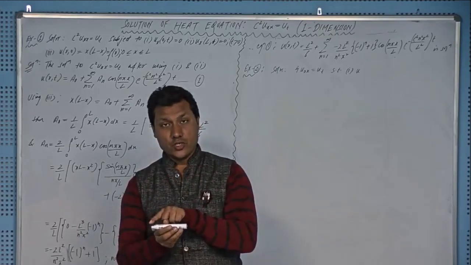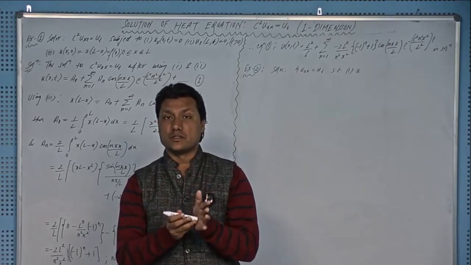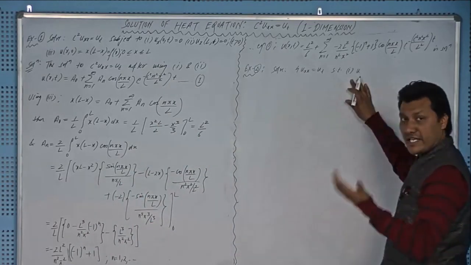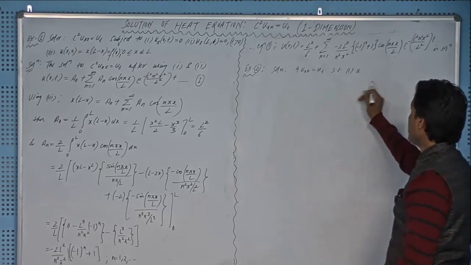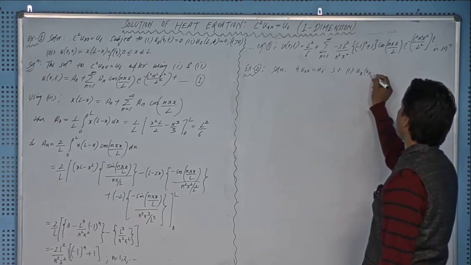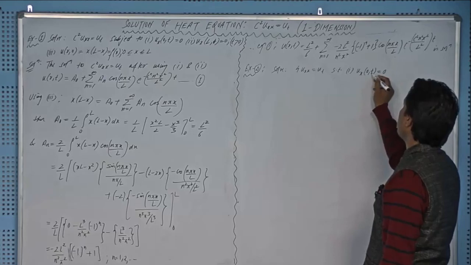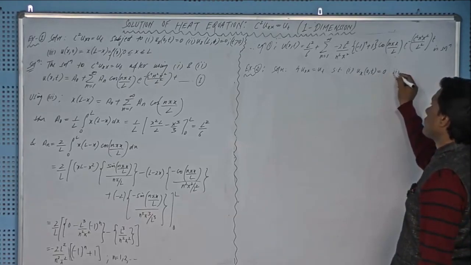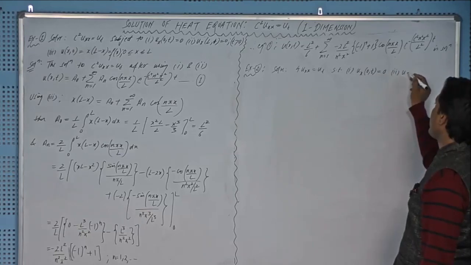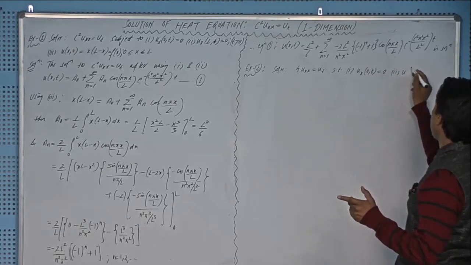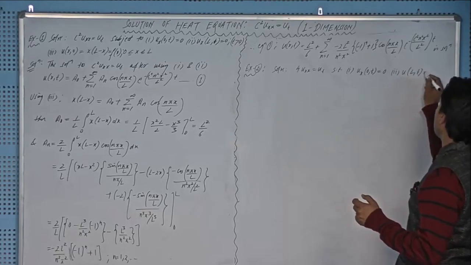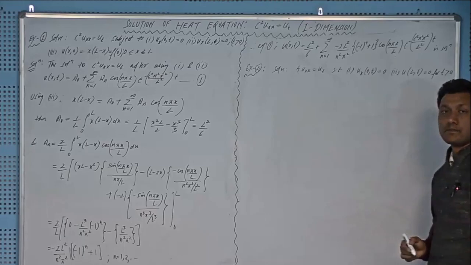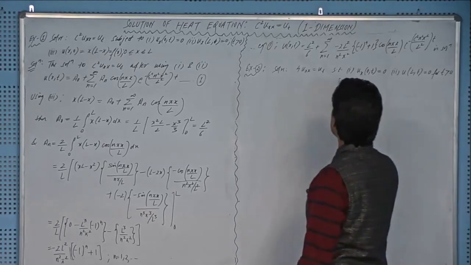So the left hand side is insulated, that's why I have to write u_x(0, t) equal to 0. It indicates that the left hand is insulated, but the right hand is not insulated, that is kept at 0 temperature, and for that I have to write u(L, t) equal to 0, and this is for t greater than 0. Fine.